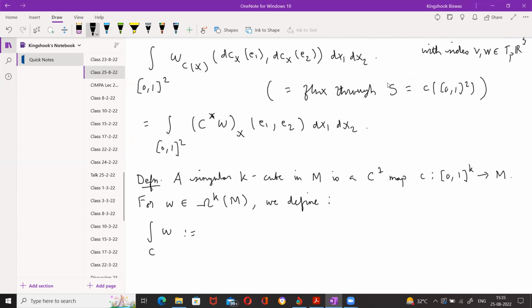So it will be the integral over [0,1]^k of omega at c(x) applied to dc_x e1 up to dc_x ek, dx1 ... dxk.